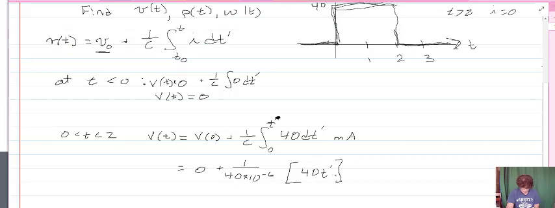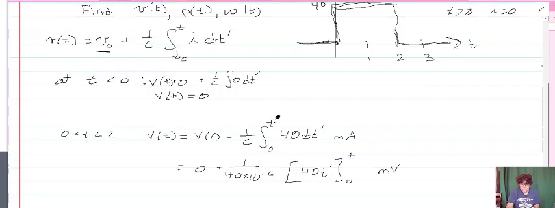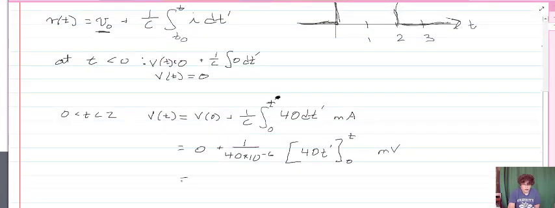And that's in milli, and that's from 0 to t. And so this answer now will be in millivolts. So this number right there is 25,000 times 40 millivolts.